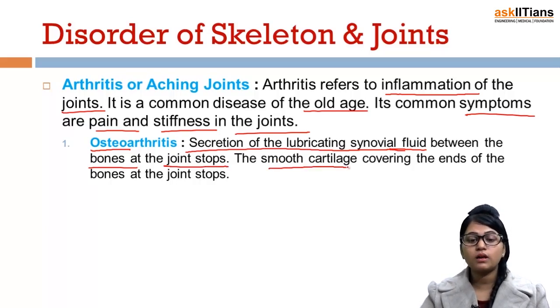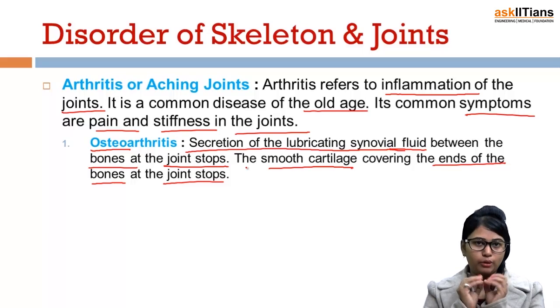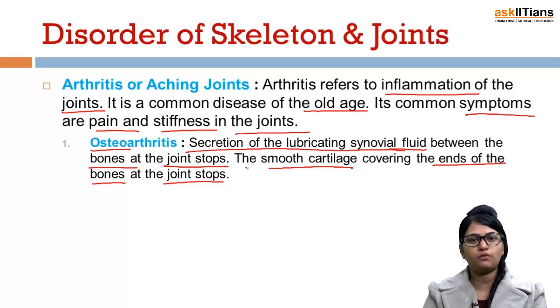And the smooth cartilage, there is always a cartilage covering the ends of the bones, that smooth cartilage also stops. Due to which what will happen? The bones will start rubbing. Due to that rubbing of bones, burning sensation, inflammation, pain will be there.